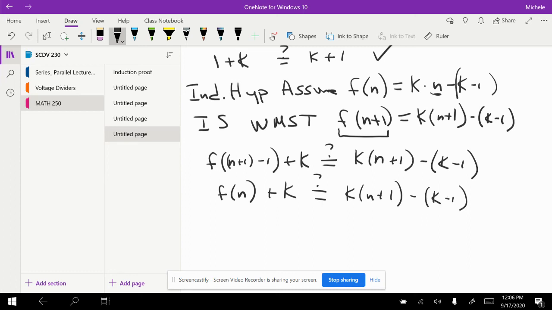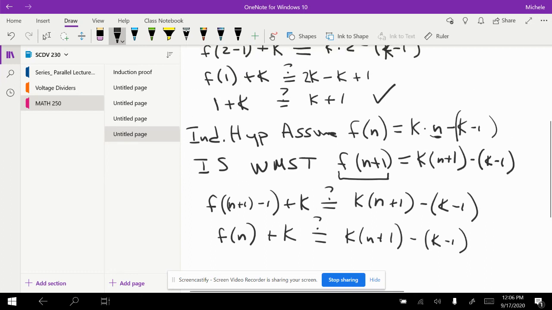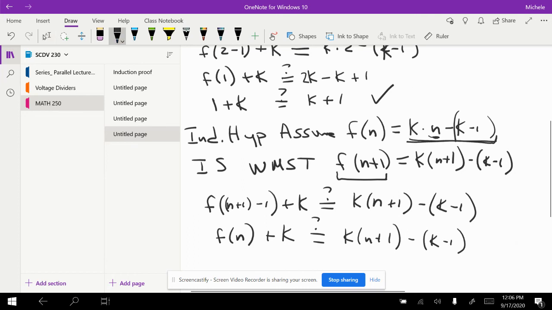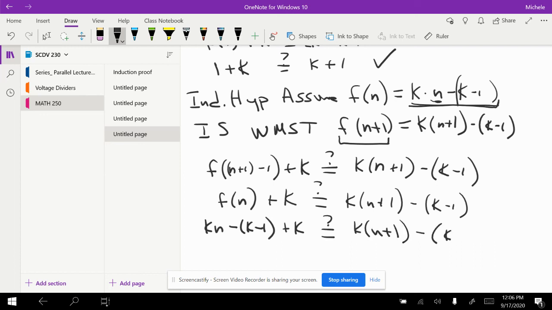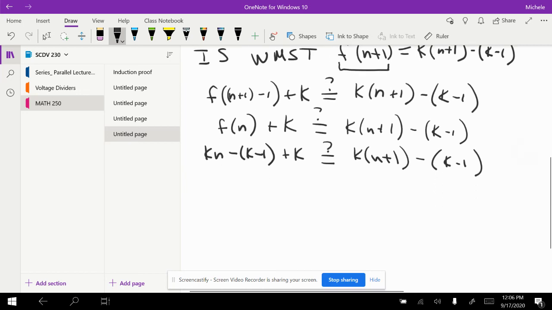Okay, well, f of n we know because we assumed this. We can take this as my assumption, so I can plug that in for f of n. So that's going to be k times n minus k minus 1, plus k. Does that equal k times n plus 1 minus k minus 1? Well, let's see.